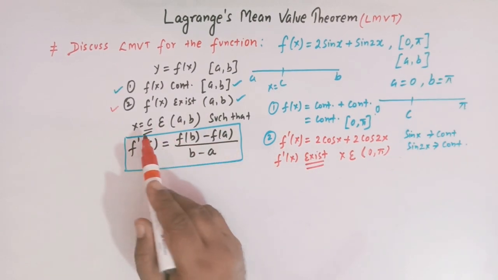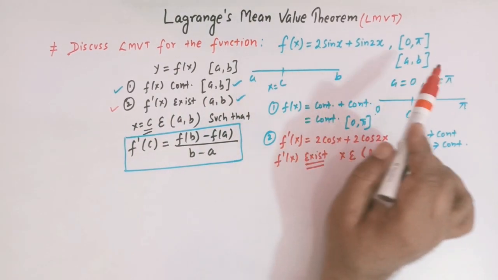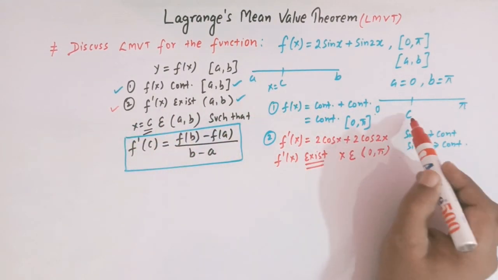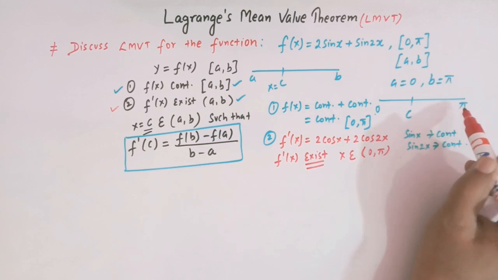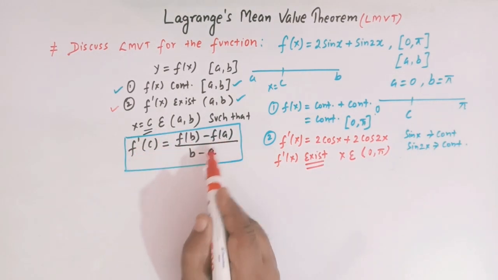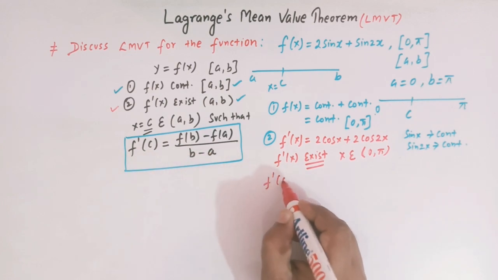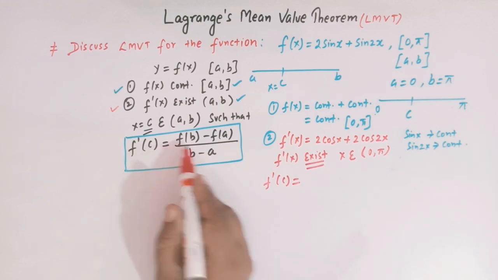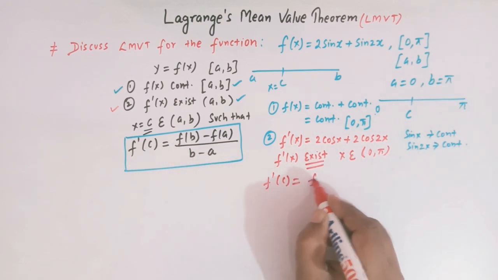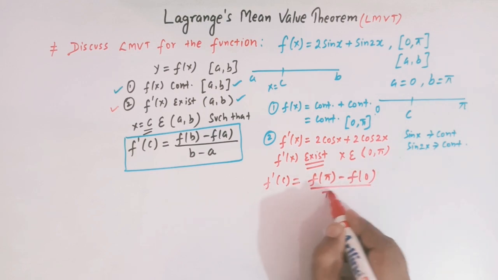So now we move to the next step. There must exist some point c between 0 and pi such that f prime of c is equal to f of b minus f of a over b minus a. Here, b is pi, so we have f of pi minus f of 0 divided by pi minus 0.